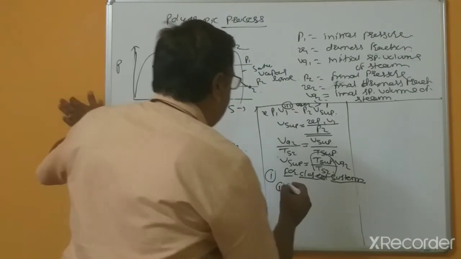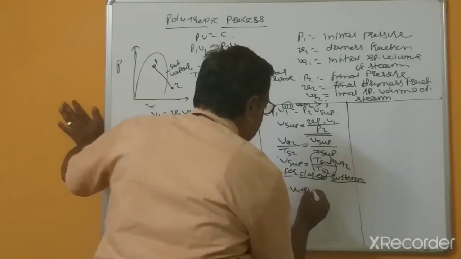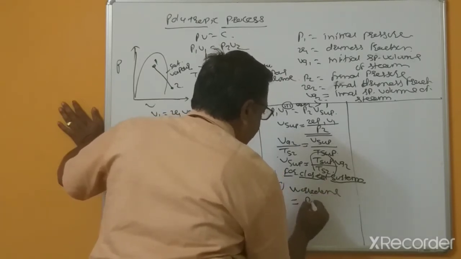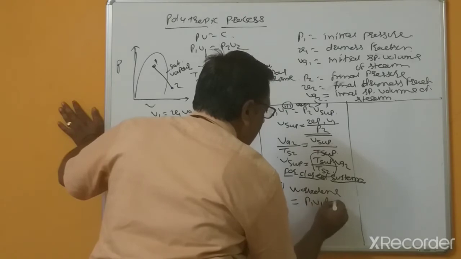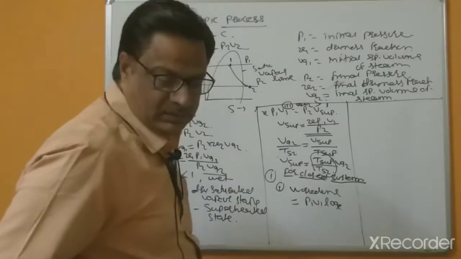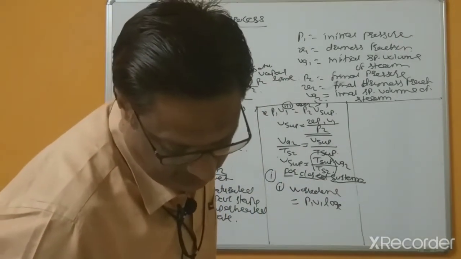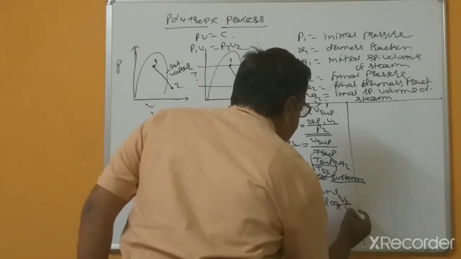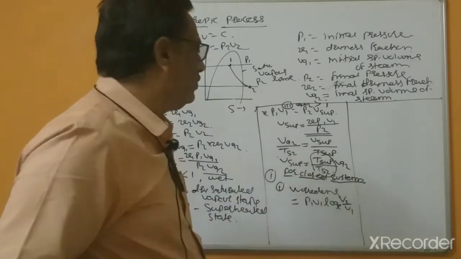Work done equals the formula P1 V1 into log of e V2 divided by V1.